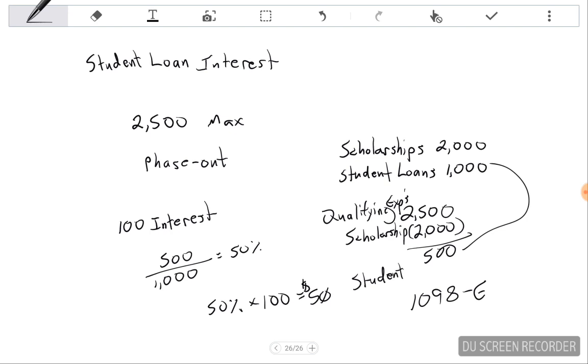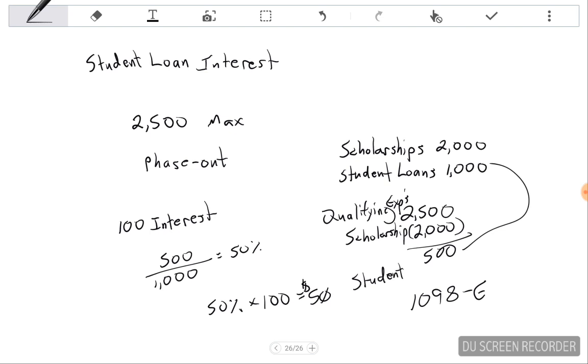And they report that to the IRS so that if you try to deduct it on your return, the IRS will match. How much are they claiming on their return? How much have these institutions told us that person actually paid? And if there's a discrepancy, it'll sometimes trigger a red flag, and you'll get a letter in the mail. So like you get a 1098-T for tuition. If you have a mortgage, they use a regular 1098 from the bank.